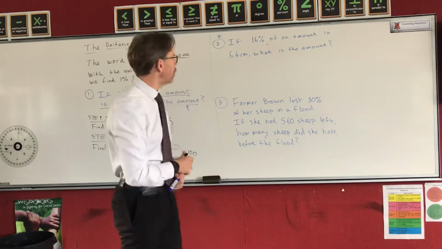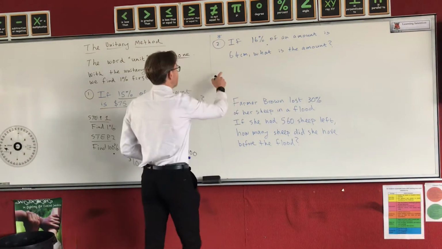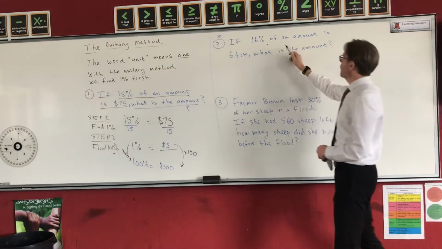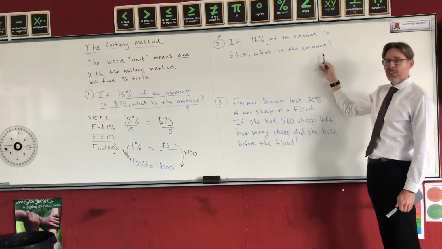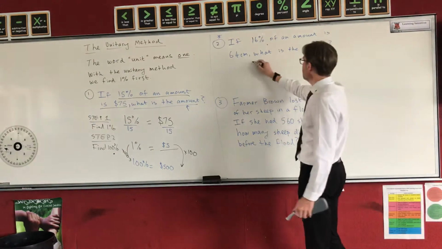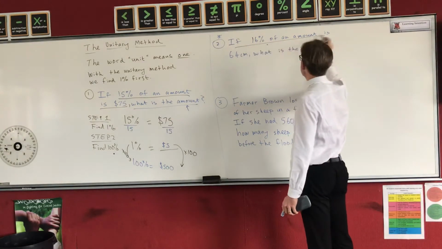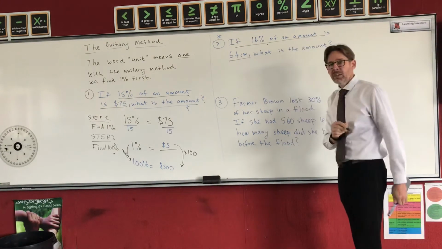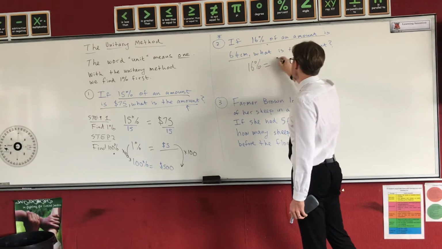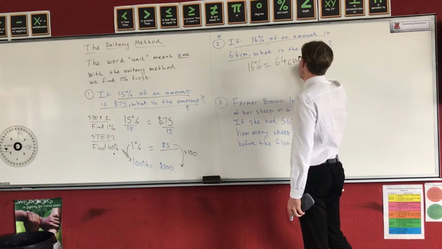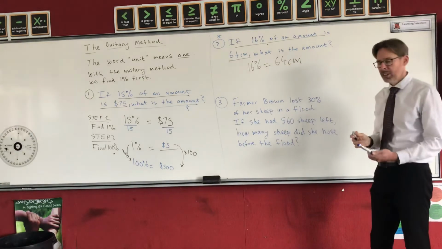Okay. Alright, question 2. Now, question 2, we've got 16% of an amount is 64 centimetres. What is the amount? Well, first thing I'm going to do is I'm going to write this down using mathematics. So 16% is equal to 64 centimetres. Okay?